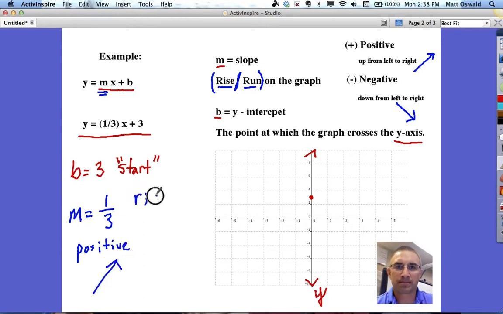Remember again that slope is rise over run. So I'm going to go over to my starting point, and it says in the slope to rise 1 and go over 3. Then I rise 1 again and go over 3 again.